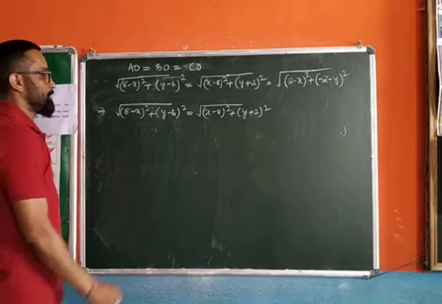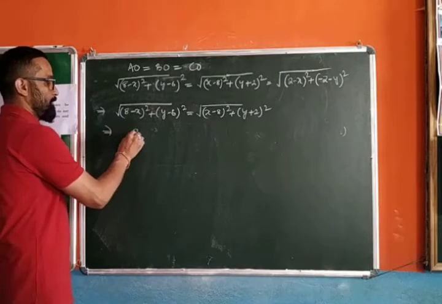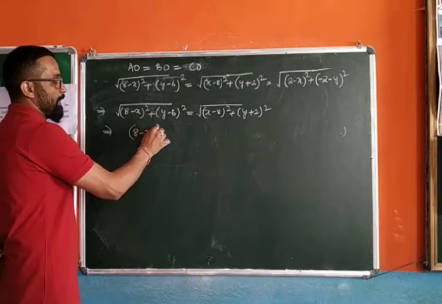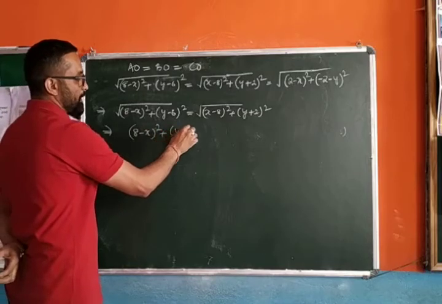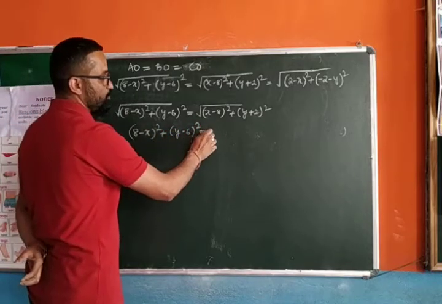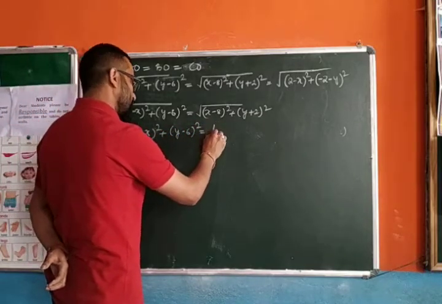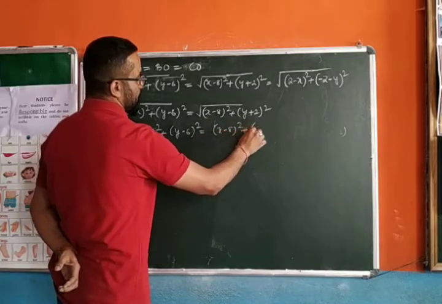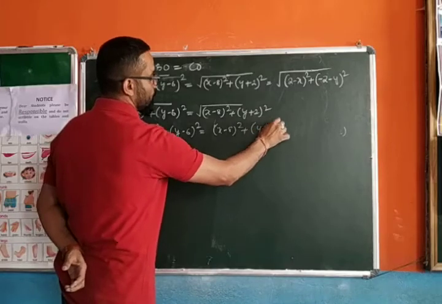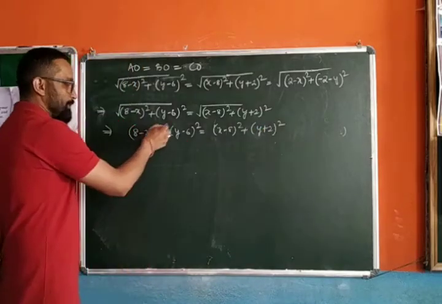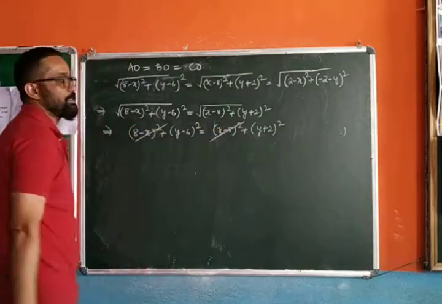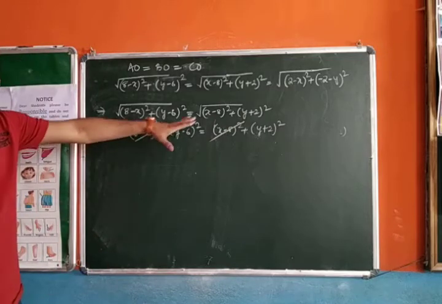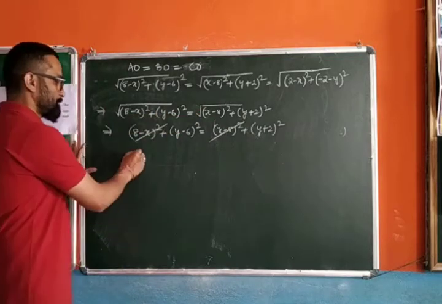Squaring both sides, the root cancels. Like terms we cancel from both the sides. Now you have to simplify this.